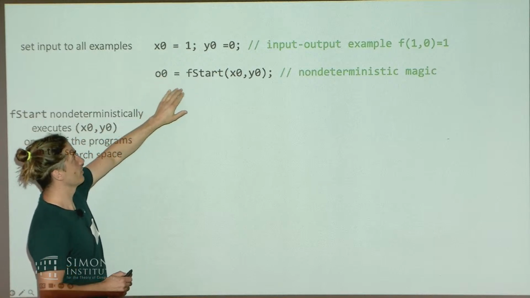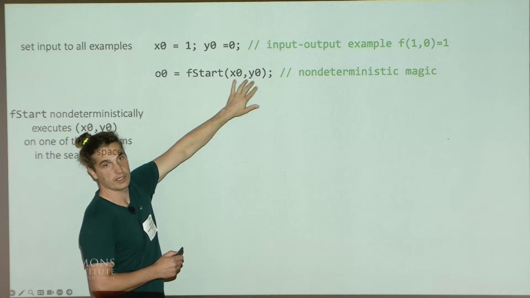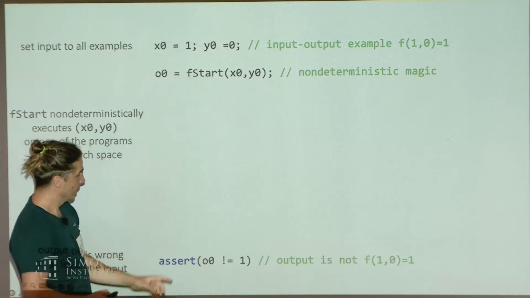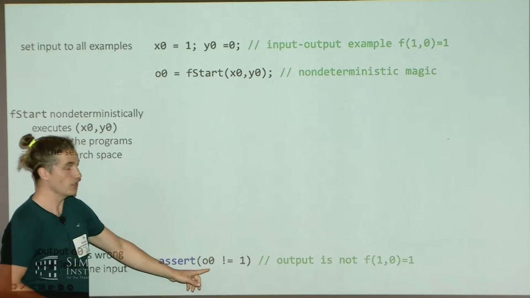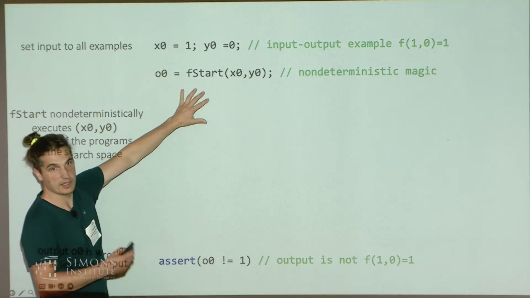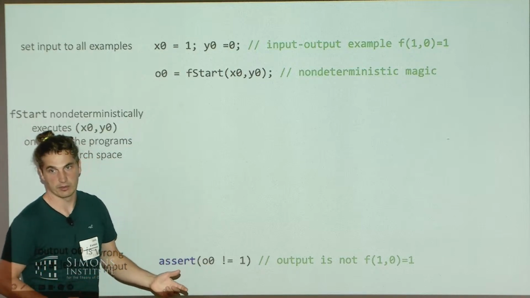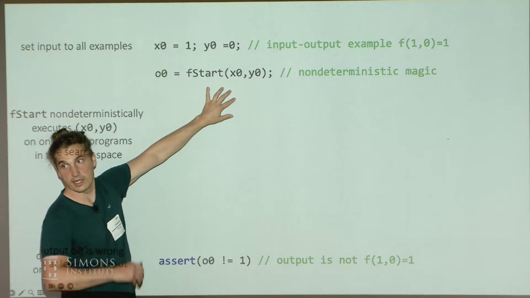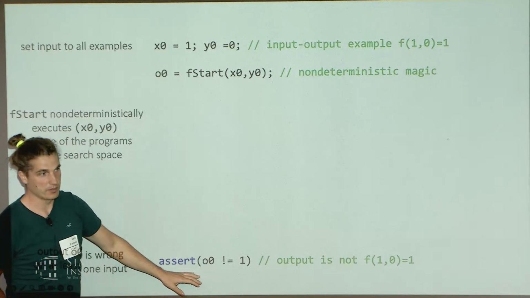So for now, it's just magic that is going to run x0, y0 on some program in the search space and return an output. And what I want to show is that the output is wrong. So if this assertion holds, it means that the programs in my search space are all wrong, which is unrealizable. So basically, this is saying, take those inputs, run them non-deterministically on one of the programs. If the output you get is always wrong, none of the programs is right.